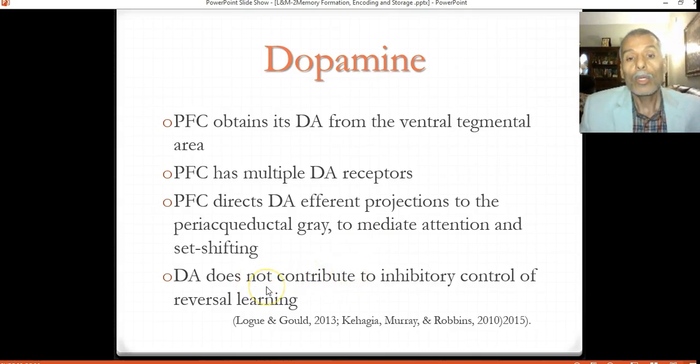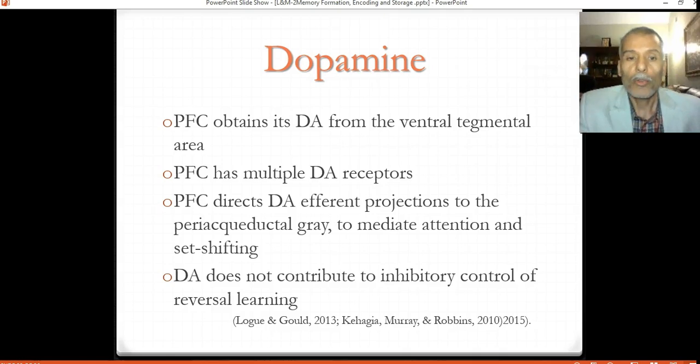Dopamine also, it doesn't contribute to inhibitory control, for example, of reversal learning. What does that mean? Reversal learning: say, for example, you follow a route going from here to Framingham.